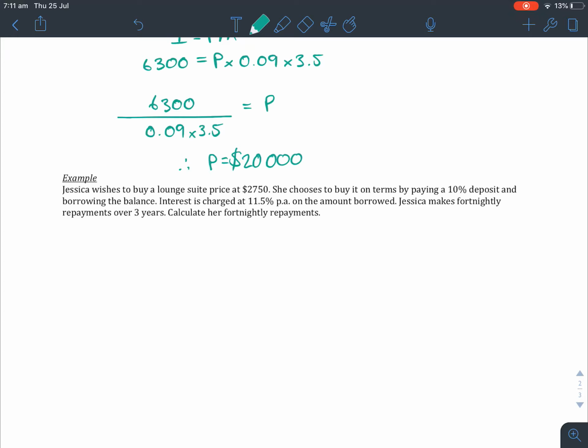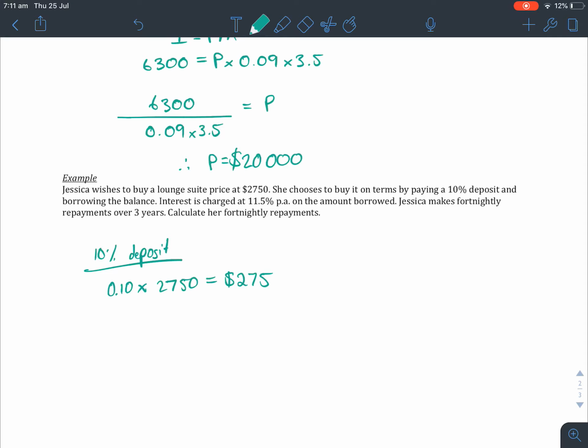How much is her 10% deposit? So 10%, 0.10 of means times, 10% of the cost of the lounge, $2,750, is $275.